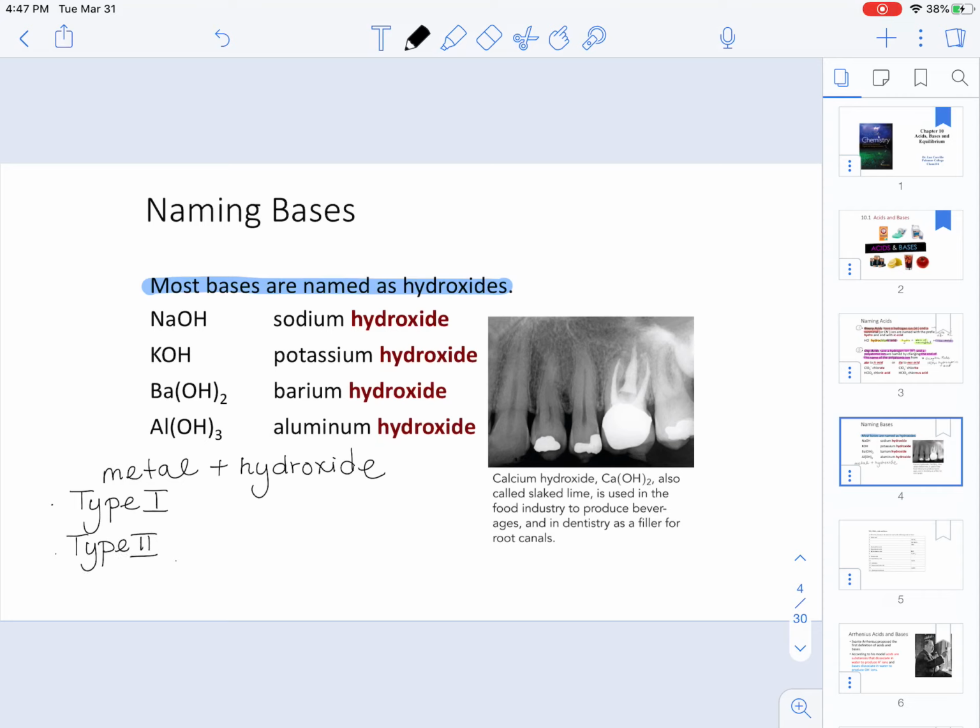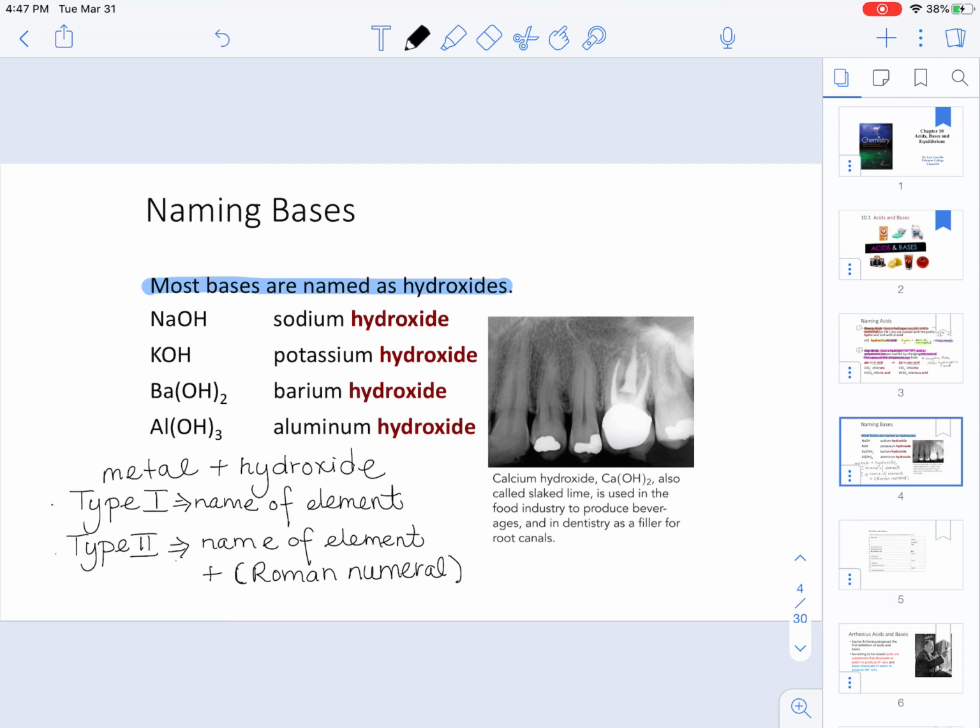In the case of hydroxides that have a type 1 metal, we're going to use the name of the element. In the case of type 2 metals, we're going to use the name of the element plus, in parentheses, a Roman numeral for the charge of that type 2 metal.